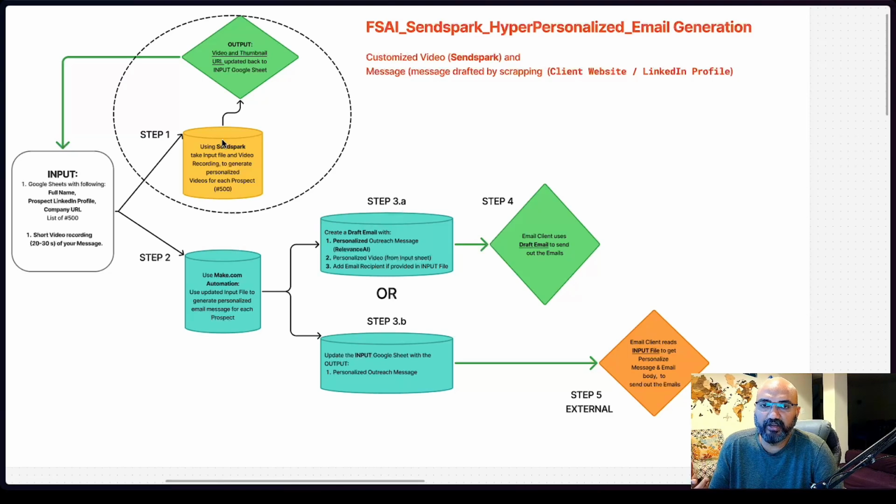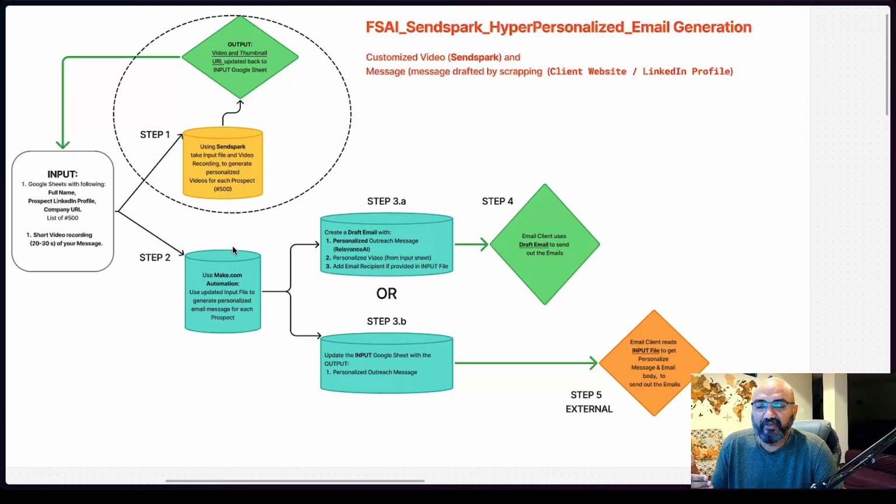Basically, you input that spreadsheet, Sendspark will create a video message for each contact with their name called out, and the background being either their website or their LinkedIn profile. Once these links are created, they are updated back into the spreadsheet. So this is step one.